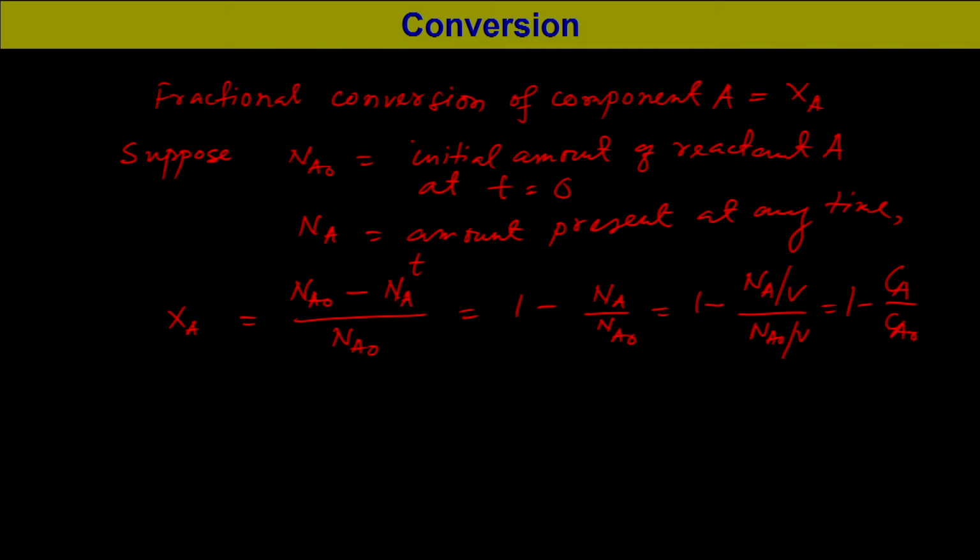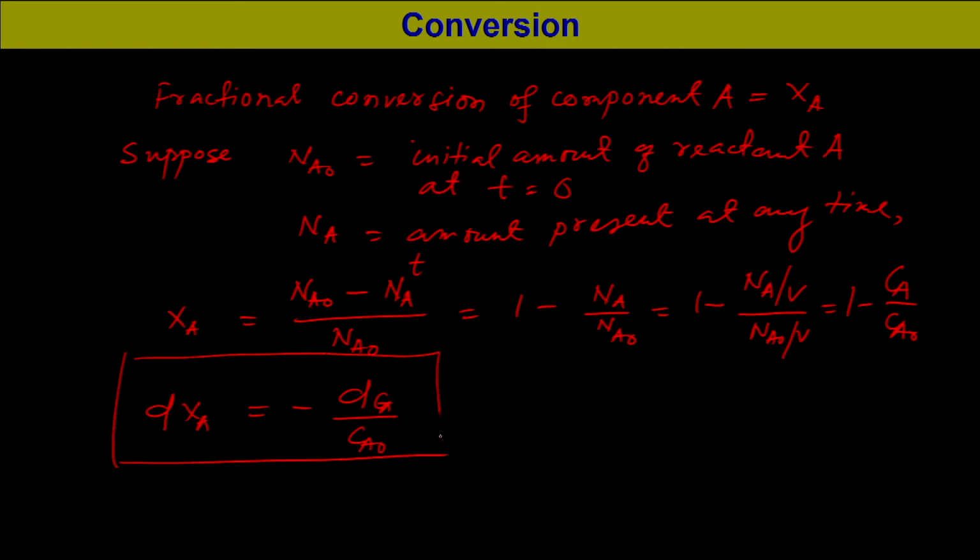Now, if we differentiate this equation, we will have a relation between dXA and dCA. So, we can write dXA would be equal to minus dCA by Ca naught. This is the relation in terms of the differential form of fractional conversion with the change in concentration.